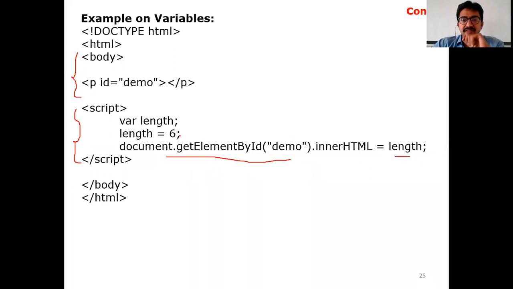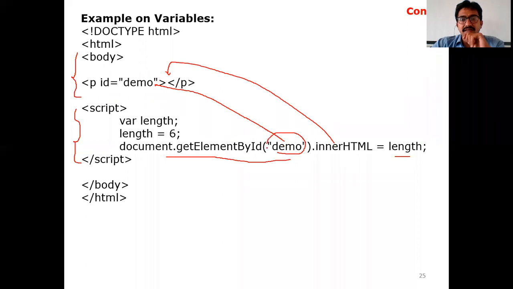So what length am I accessing? That is, length is 6. Now this 6 I am going to display wherever the HTML element has an ID of demo. At that position, inside the HTML tag having ID demo, display the length.